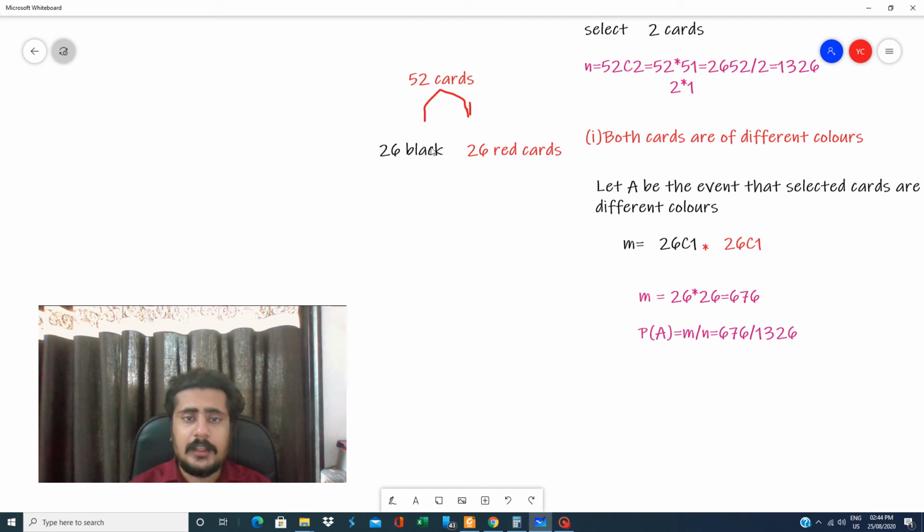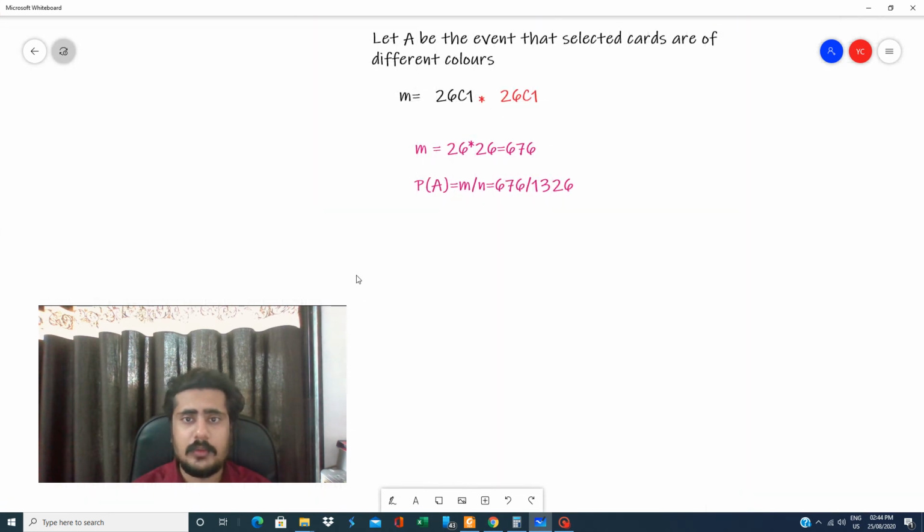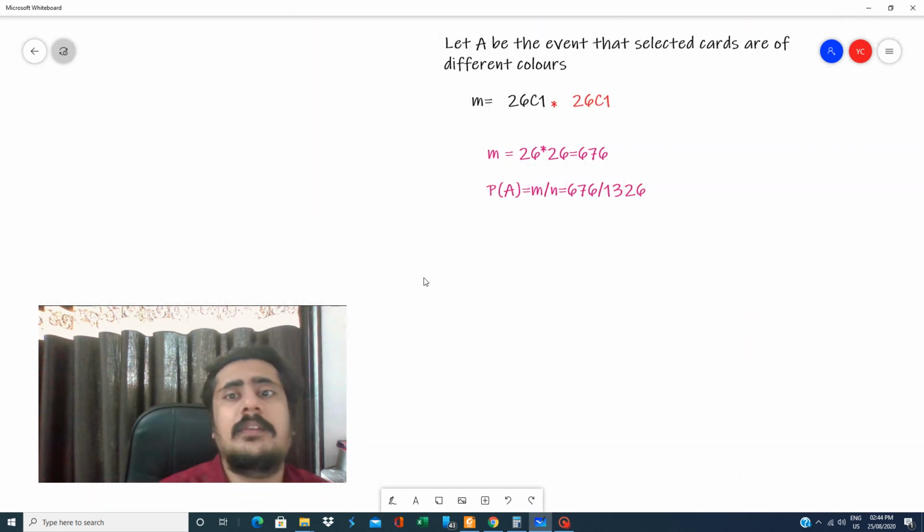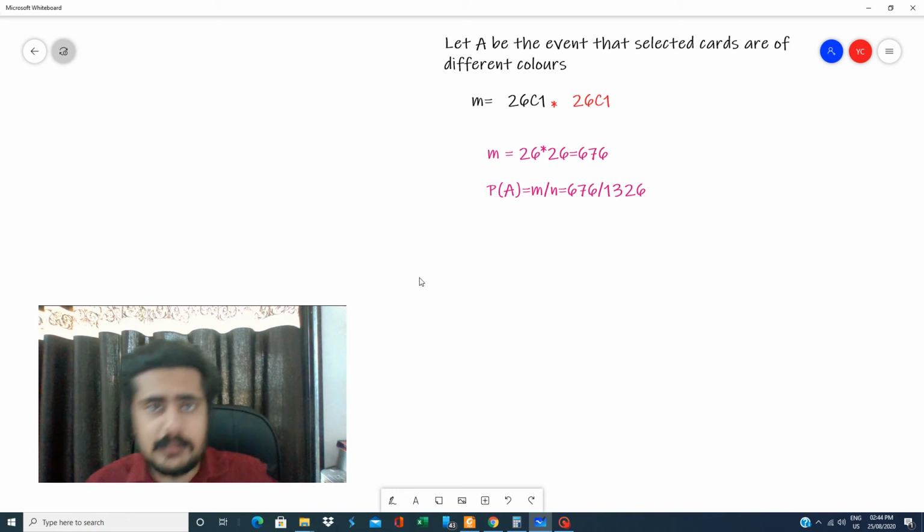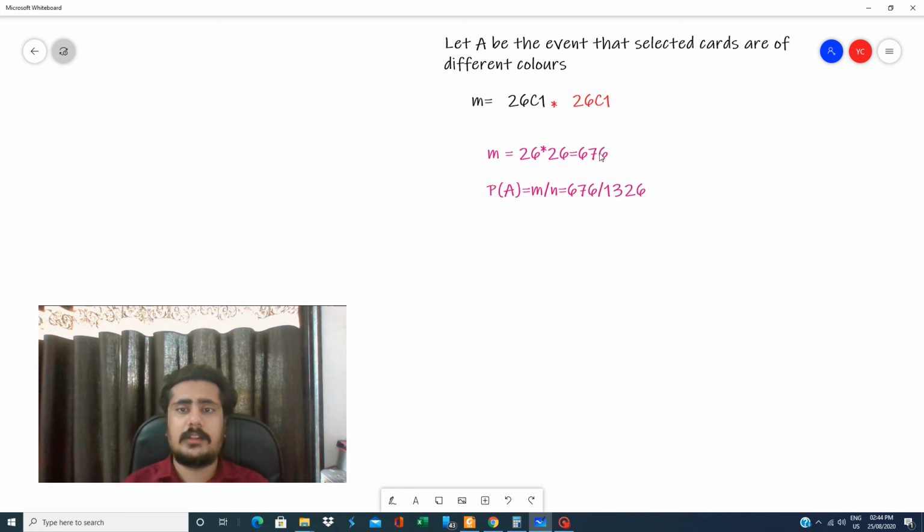They want that both should be of different color. That means one should be red and one should be black. If one should be black, it will come from this particular portion, that is 26C1. And if it is from red, it will come from here, 26C1. So 26C1 into 26C1. 26C1 is 26, 26C1 is 26. So 26 into 26 is 676.